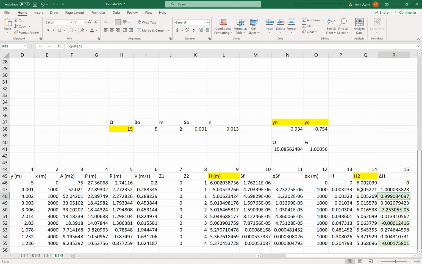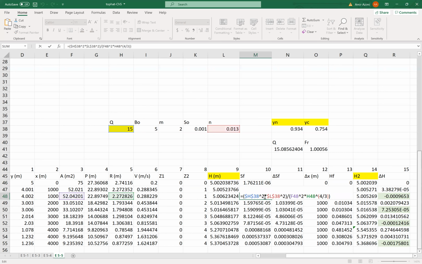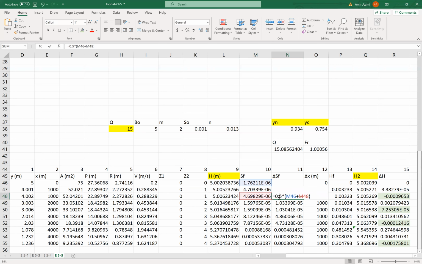Okay, so we calculate energy here. That's the previous energy level. And now we are going to change the value here. If I use the value of 4 meters, then I can calculate the frictional slope, then the average from the previous point to the next point.